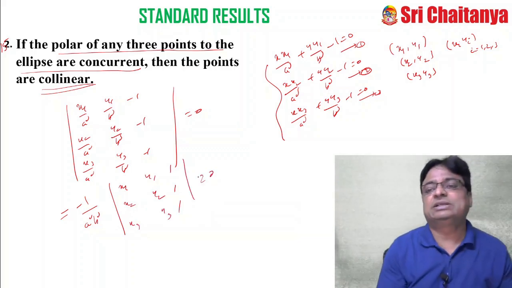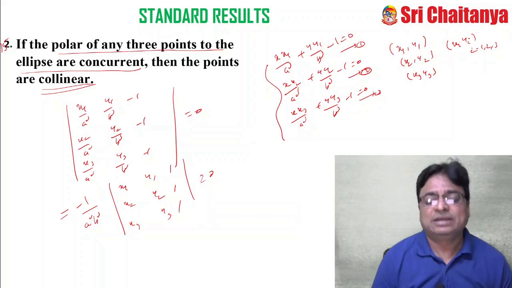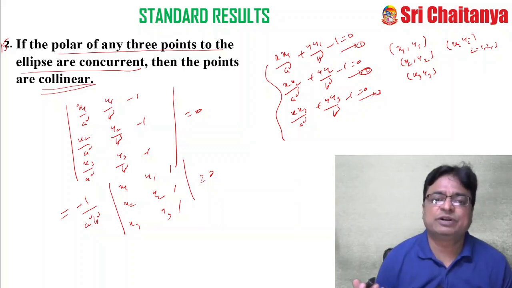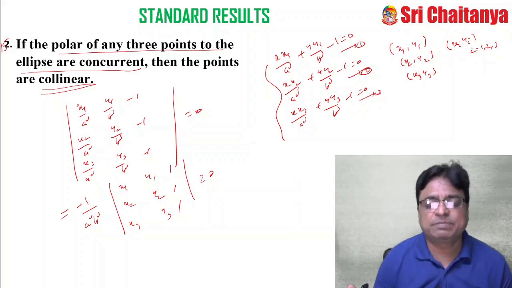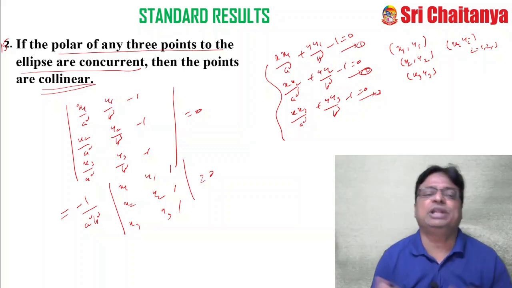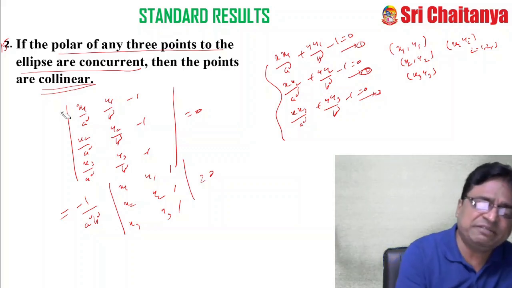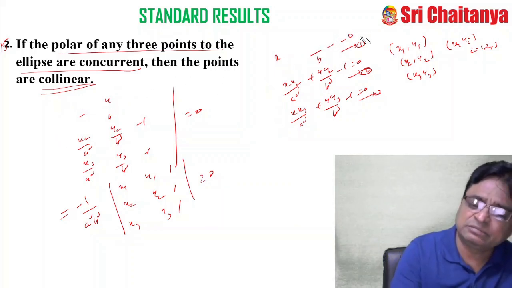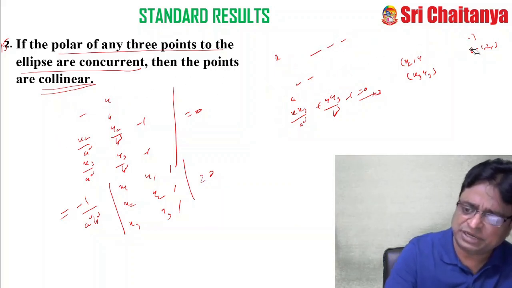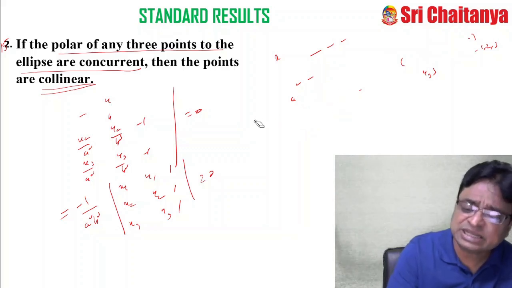What does that indicate? That indicates the determinant x1 y1 1, x2 y2 1, x3 y3 1 becomes 0. That implies the points are what? Collinear.